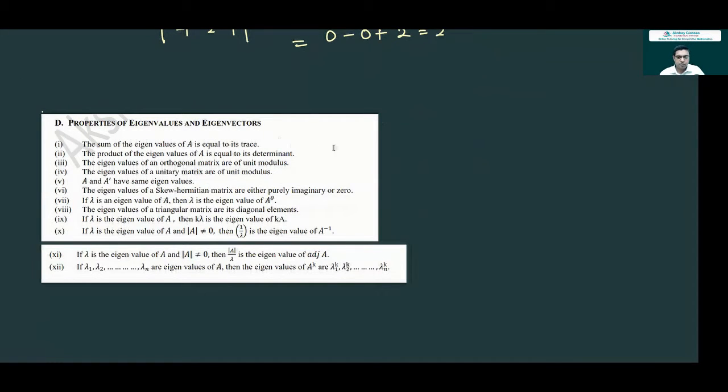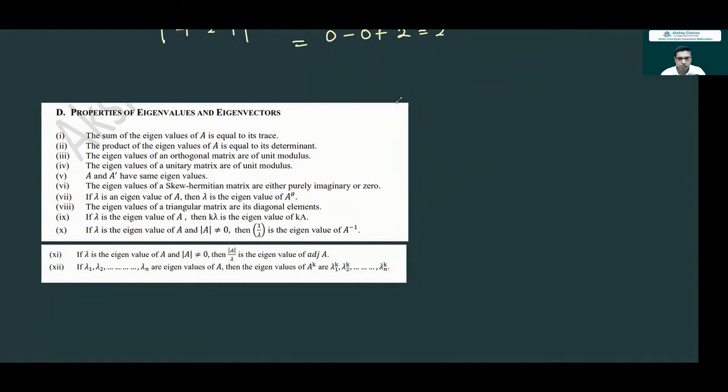I can, in fact, expand this. These are important properties. So just now, we checked this one. The sum of the eigenvalues of A is equal to the trace of A. The product of the eigenvalues of A is equal to its determinant.